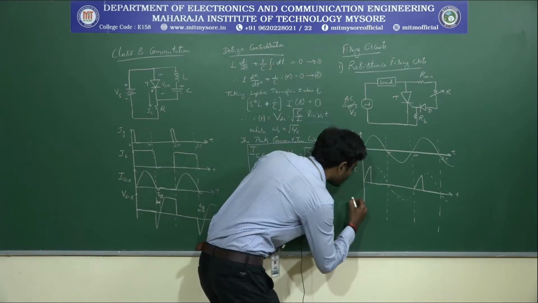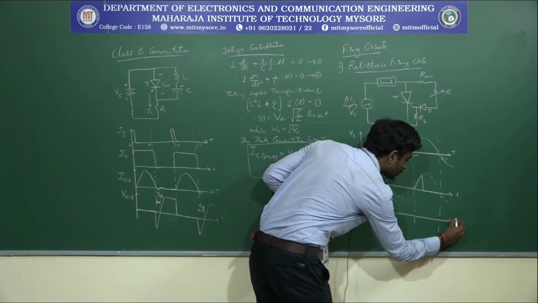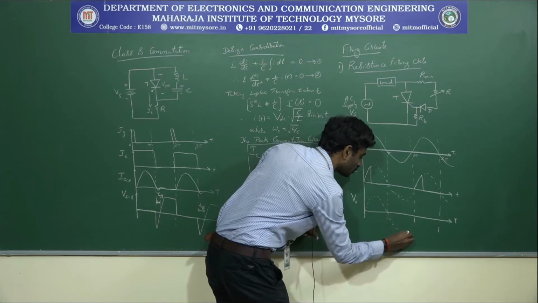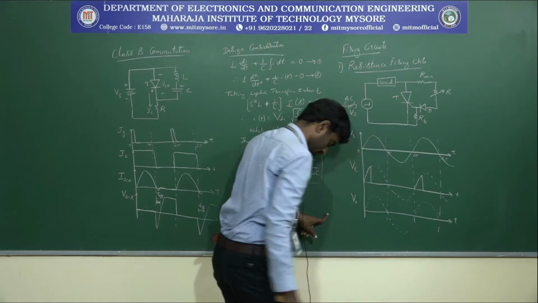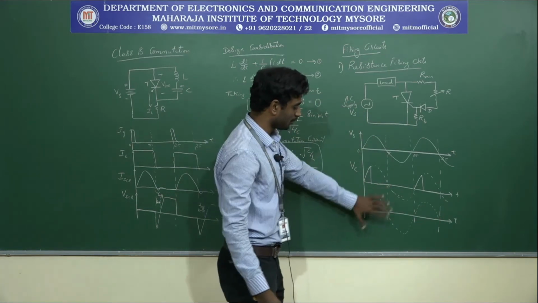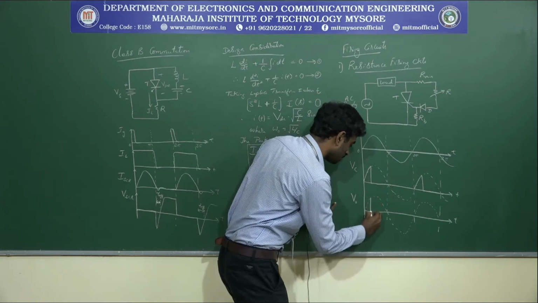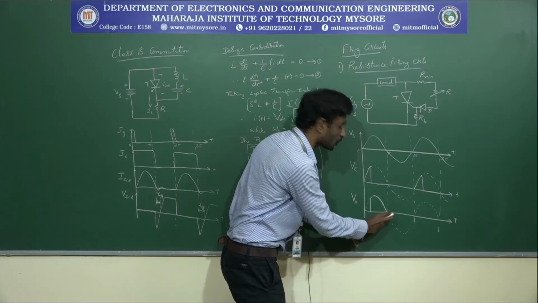Similarly, if you consider the output voltage, how will you measure it? This is the input voltage for your circuit. Based on this, after triggering your circuit, you will get the output voltage.